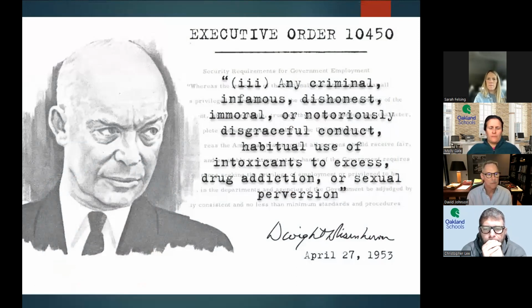Eisenhower is president. And one of the first things he does as president is to expand Truman's loyalty program, which had focused mostly on loyalty, on issues of communism, membership in a communist or communist friendly organization, and expanded it into a broader security program. It's Executive Order 10450. You'll notice it was signed April 27th, 1953. We're coming up on the 70th anniversary of that just next week. And so this represented a switch, right?